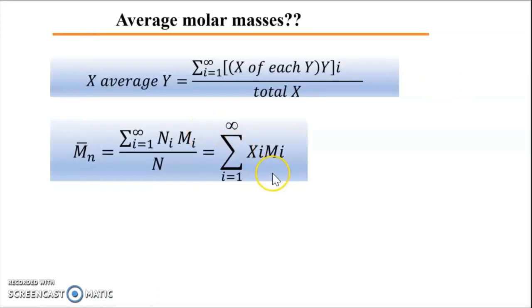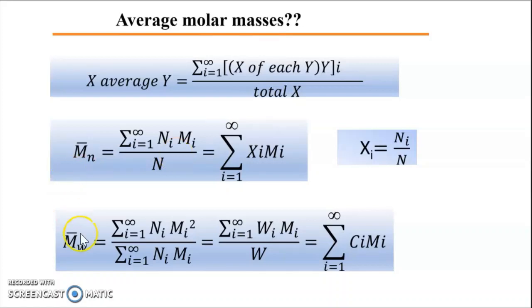So if I replace the summation of ni over n by its value xi, I will get back the formula Mn that I used in the two slides before. Same for Mw, the weight average molecular weight, it's equal to the weight, which is X, times Y divided by the whole X, which is the whole weight.